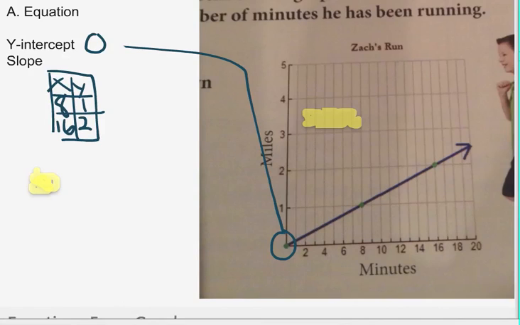Okay, so I want to show you the 8 right here goes with this 1. That's where the 8 and the 1 come from. The 16 goes with the 2. So that's where that 16 and 2 came from.